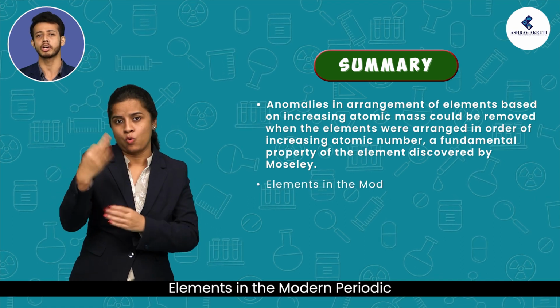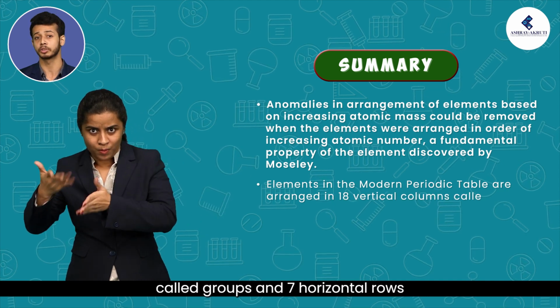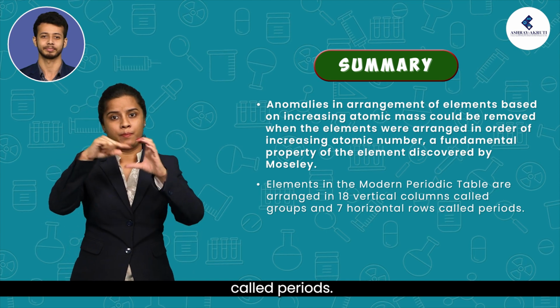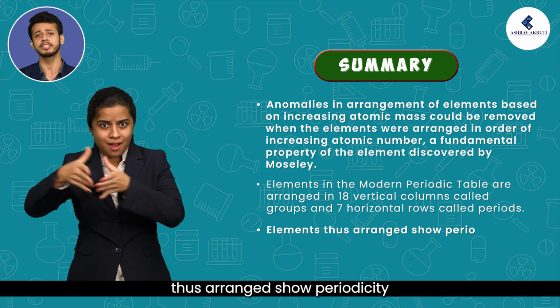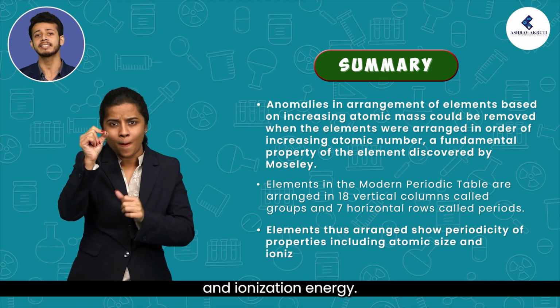Elements in the modern periodic table are arranged in 18 vertical columns called groups and 7 horizontal rows called periods. Elements thus arranged show periodicity of properties including atomic size and ionization energy.